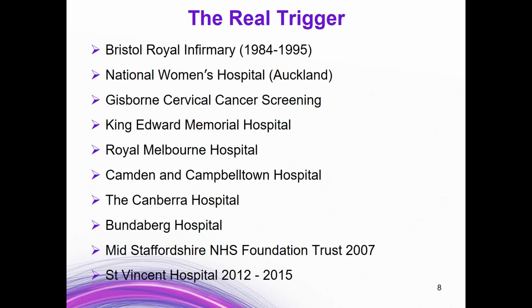Why haven't we learned? Why are things still repeatedly happening in other parts of the world and in Australia as well? Not just because healthcare is a really complex system, but also because we don't deal with the situation well. When things happen, we deal with people.